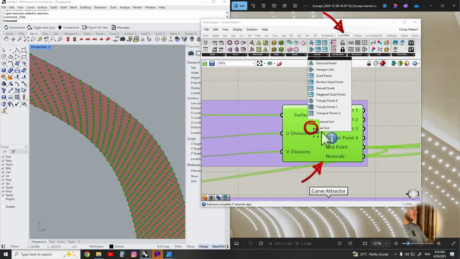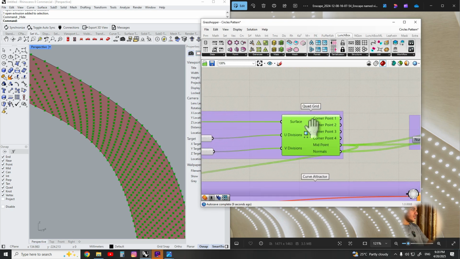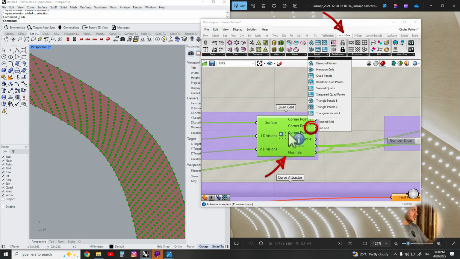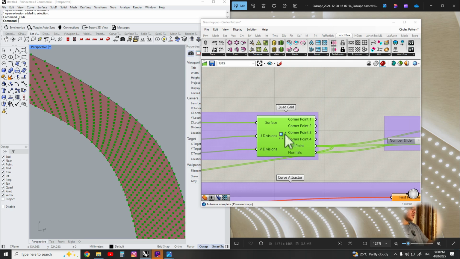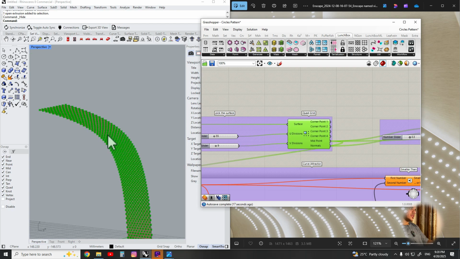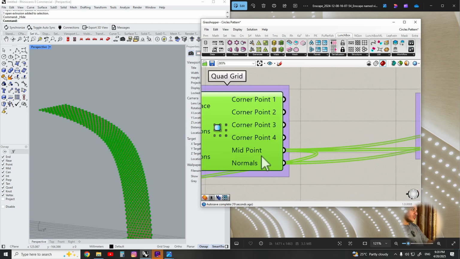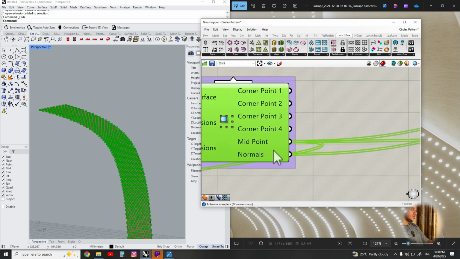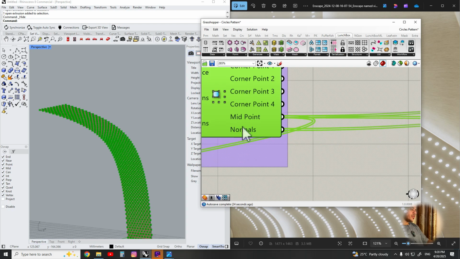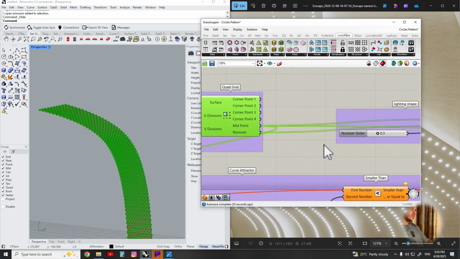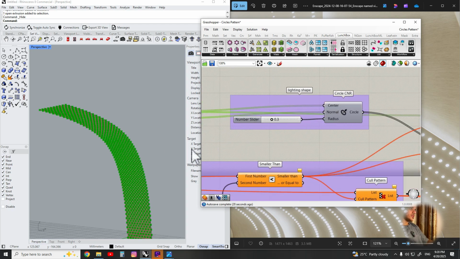This component is from LunchBox. It's a quad grid. It's very important to have the points divided, and you can have the corners, midpoints, and the normals. The normals are very important because we need them so you can have the orientation of the shape in the right way.